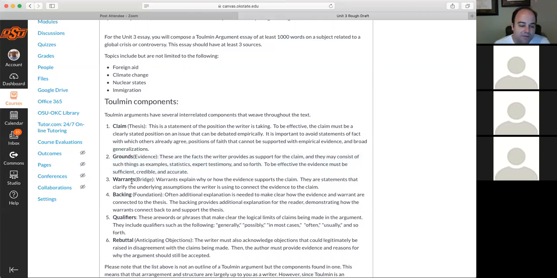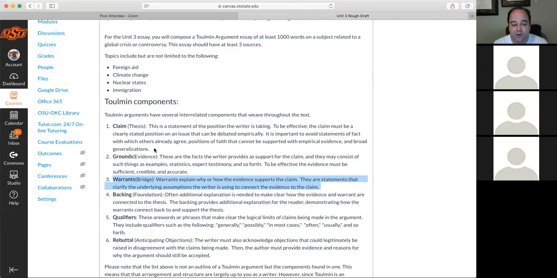Now, one element of Toulmin that's a little bit different is that you spend some time thinking about warrants. So if you're going to write an essay, for example, supporting government lockdowns to try to curtail the spread of this virus, you're speaking in support of that.